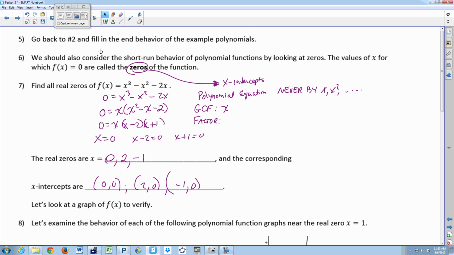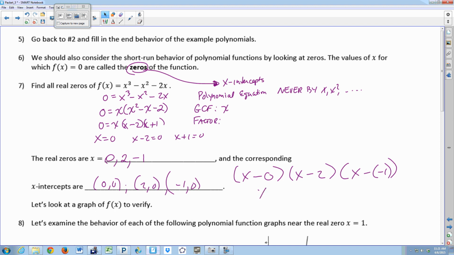If we know a zero, remember we know a factor because we just go backwards. Our factors are always going to look like this. I have 3 zeros. So what do my factors look like? x minus 0, x minus 2, and x minus -1. So what happens when my zero is a negative number? My subtraction becomes a plus.